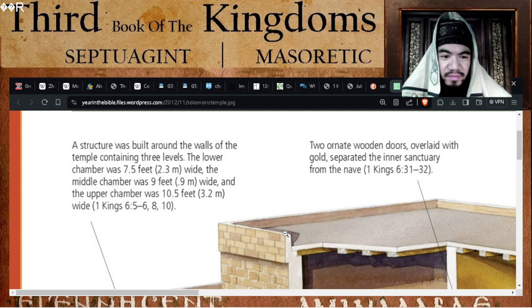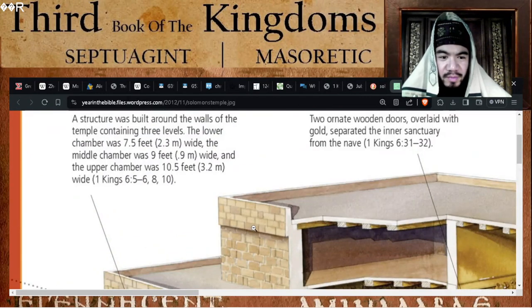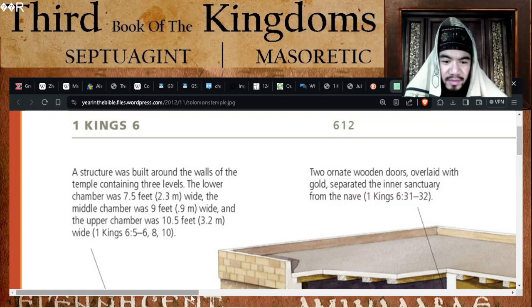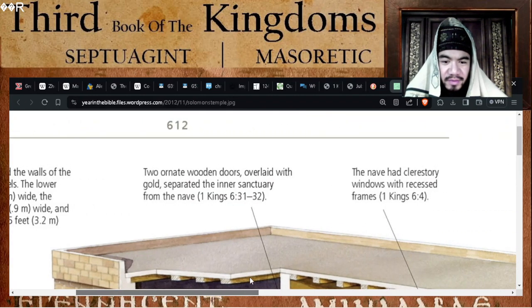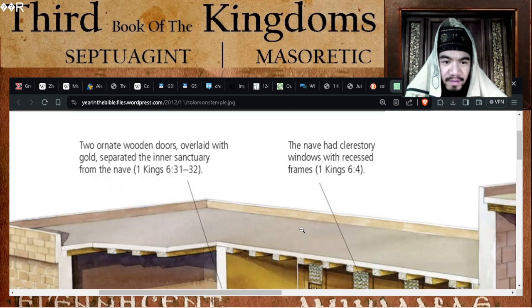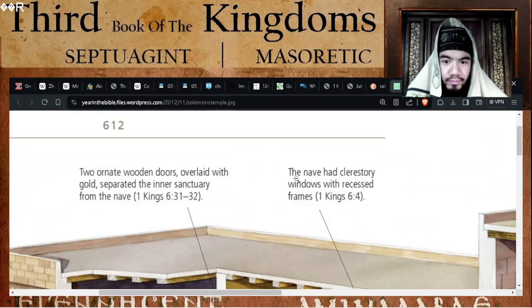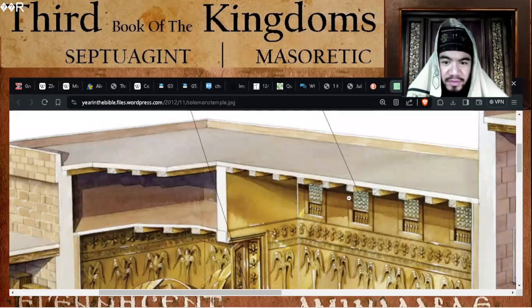The first chamber is about 7 feet wide, the middle chamber 9 feet wide, and the uppermost about 10 feet wide. Again, they give different numbers, but we just go by what this says for now, for the sake of the visuals. There are the 2 ornate wooden doors overlaid with gold right there, and the windows described as facing inward.